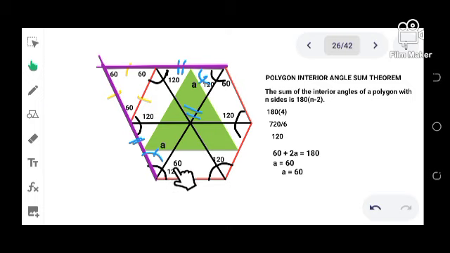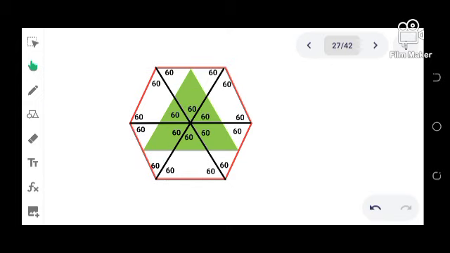That's why we have 60, 60, 120. Now, doing this step for the other sides of the hexagon, we can show that the triangles formed by the diagonals are equilateral.